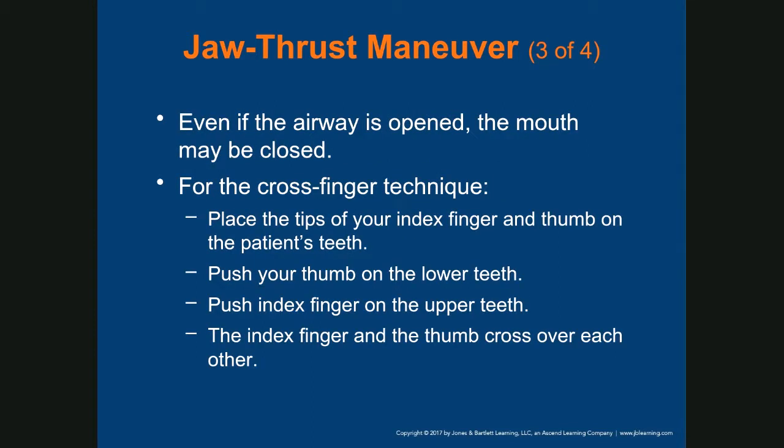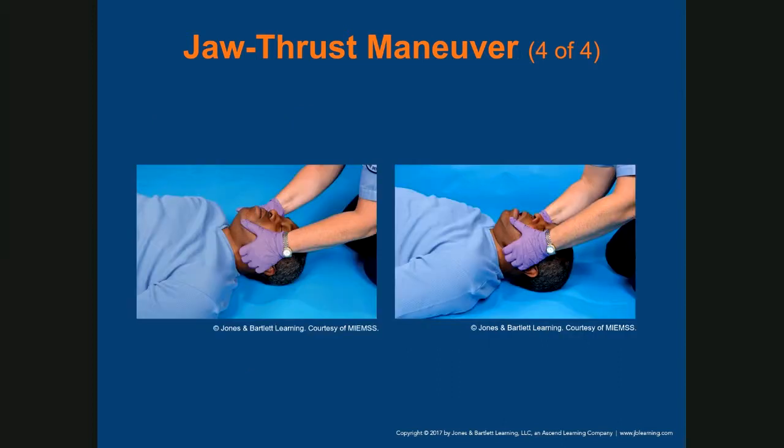Even if the airway is open, the mouth may be closed. You can use a cross finger technique. Not going to go too much into this because that's practical. That's a slide showing the technique. So you're pushing the mandible upward and then keep it out.